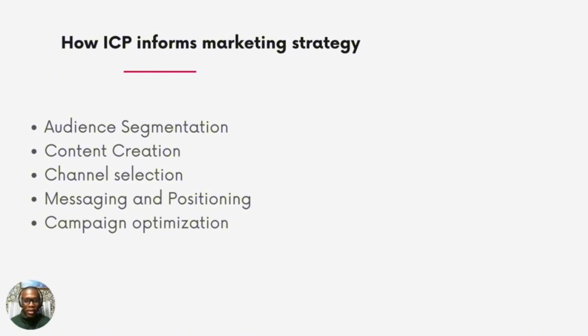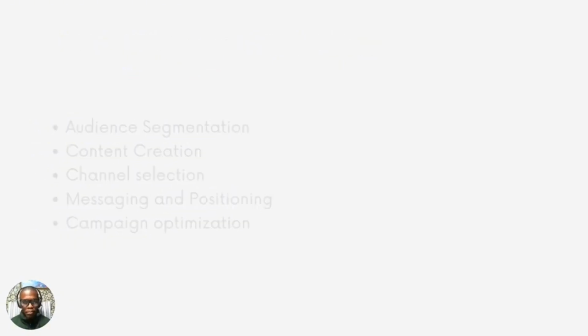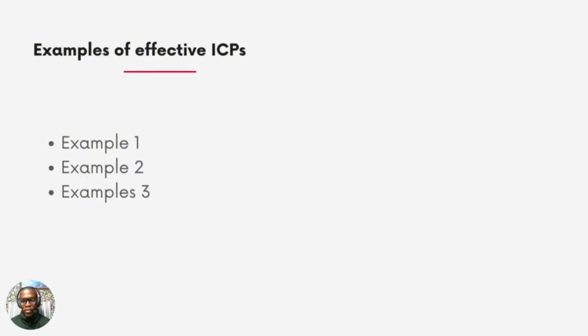So now let's go straight to the examples of an effective ideal customer profile so that you can have a picture of this. Example number one, let's say, is a home renovation service company.